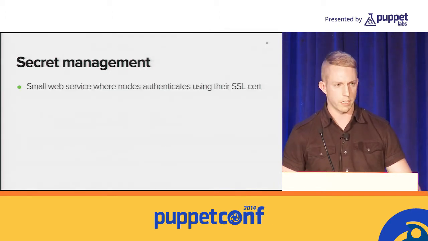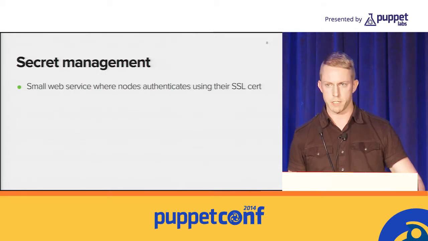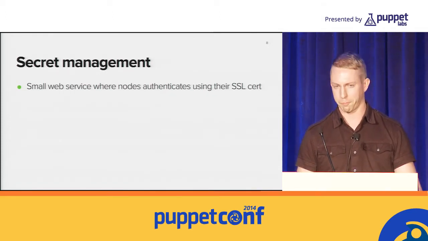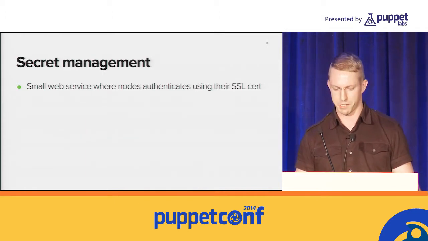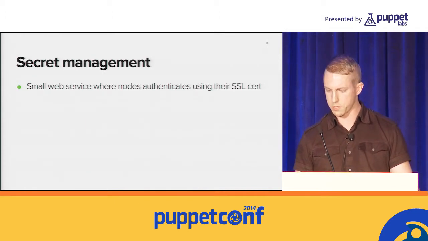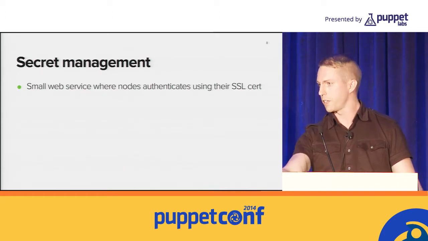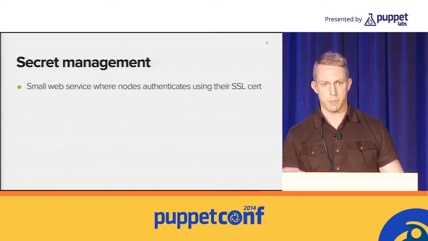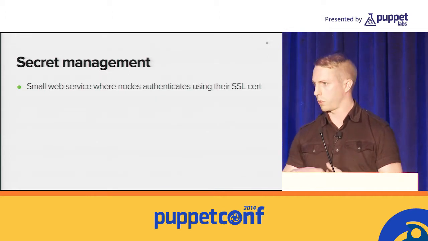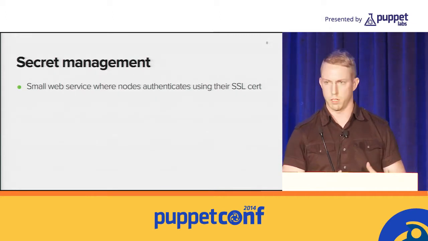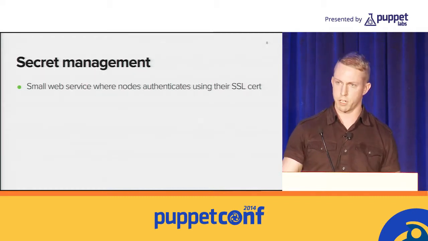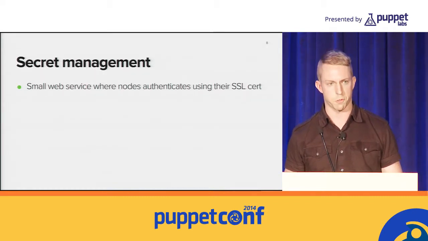So what we've done there is that we've developed a small web service. It's called Poppy. It's a very simple web service, really, but the nodes authenticate against it using their SSL certificate. Then that web service figures out what role the node has, what site they're in, if it's in the testing environment or production environment, those sorts of things.